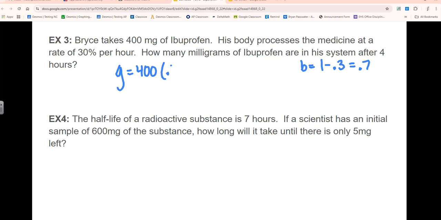So much like our car problem, if we lose 30% of the medicine, we're keeping 70% of the medicine, right? 70% is still in your system. And then we raise that to the x power. In this case, x is hours, and y is amount of ibuprofen.